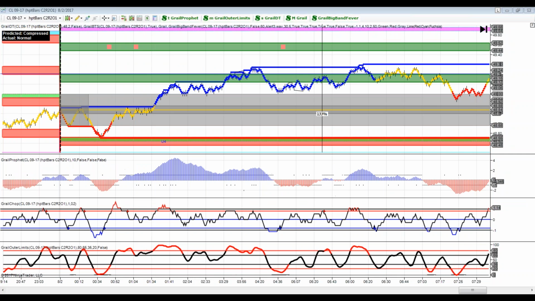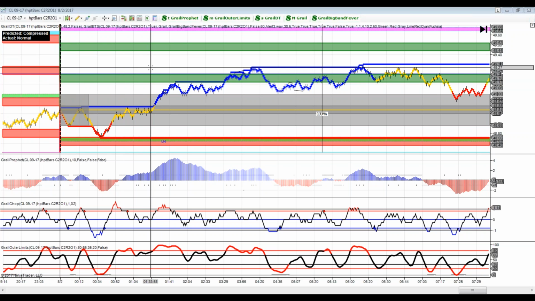Now, some of you who follow crude know that today was oil inventory. Okay, it was predicting compressed, but I can tell you that on oil inventory days you can ignore the prediction of compressed. Okay, the reason it's saying that is because it's looking at the prior day's history.